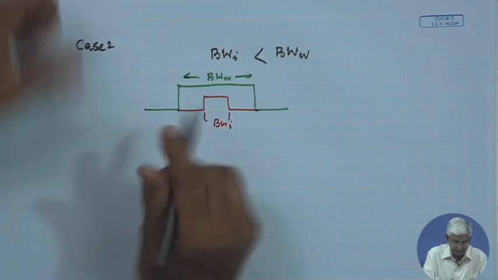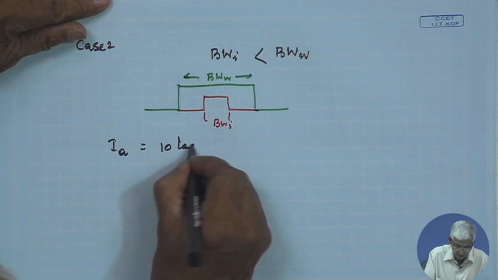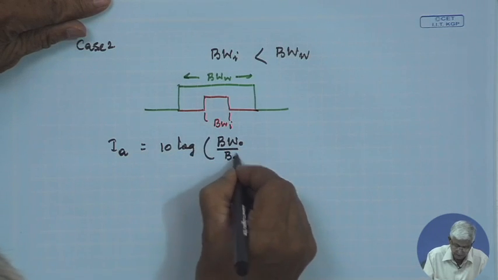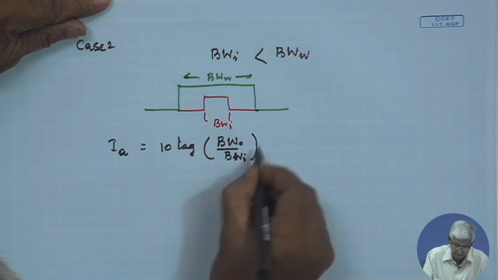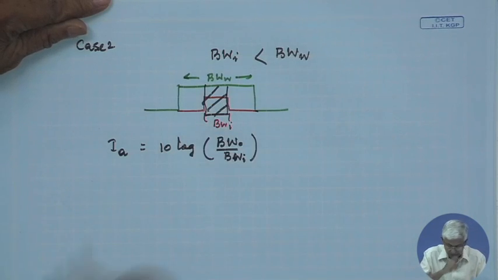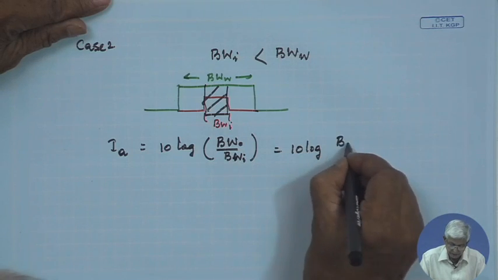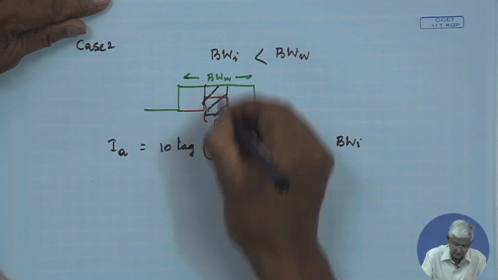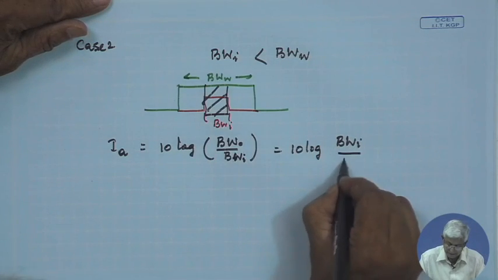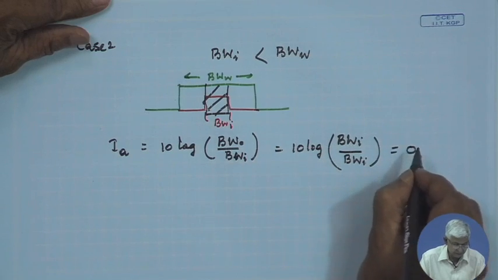So, in that case, that frequency adjustment factor is 10 log of bandwidth overlap by bandwidth interfered. Overlapping is only in this region. So, it is 10 log of bandwidth interfered by bandwidth interfered, whatever bandwidth interfering is the same as bandwidth overlap, which is equal to 1, which is equal to 0 dB.